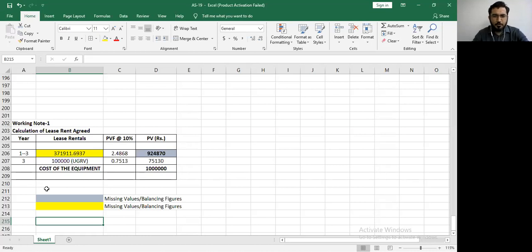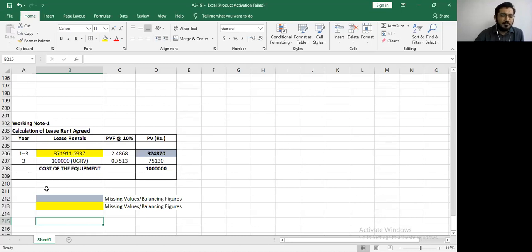I'm again repeating for you. Lease rent per annum is not given in the question, so we need to find that. How did we find that? We tried to calculate using the same structure and format that we have. You will leave the lease rent blank and the present value also blank at the beginning.